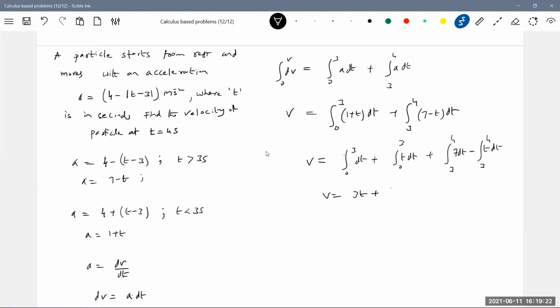So this will become t square by 2, 0 to 3, limit.